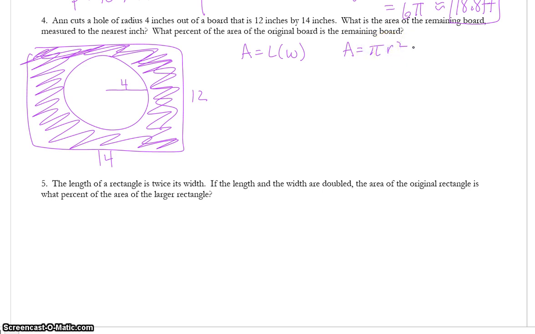Once you know those two areas, you can subtract them. So for tomorrow, I would like you to have this answer for me. Find the area of the rectangle, find the area of the circle. If you subtract those, then you get the area of the remaining board. We will talk about the percent of the area that's remaining in class tomorrow.